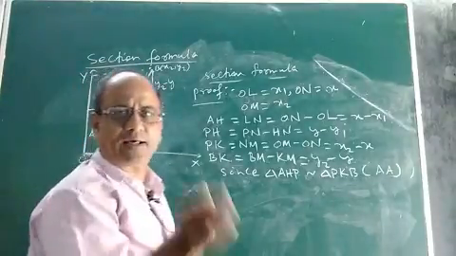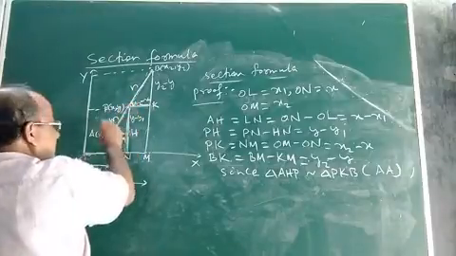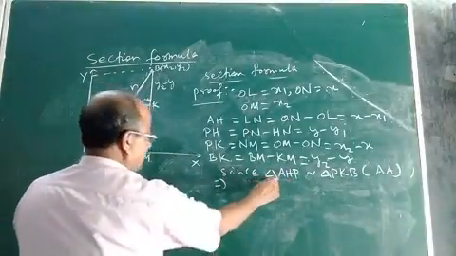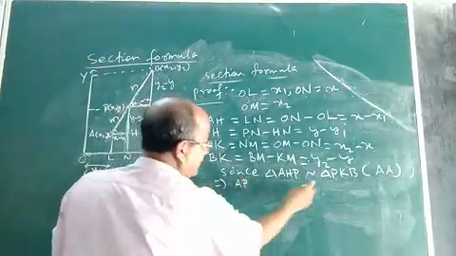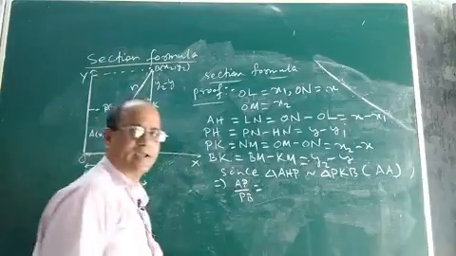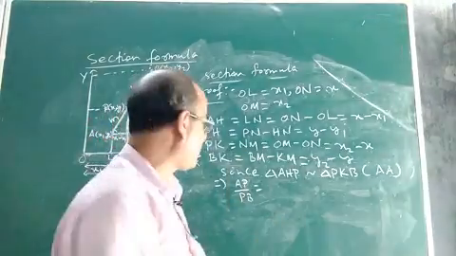And if they are similar, their corresponding sides will be proportional. Now take the corresponding sides. When two triangles are similar, their corresponding sides are proportional.